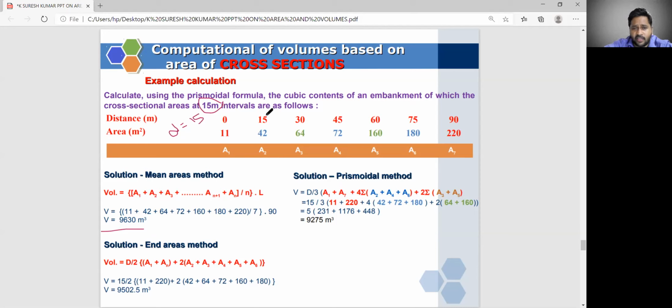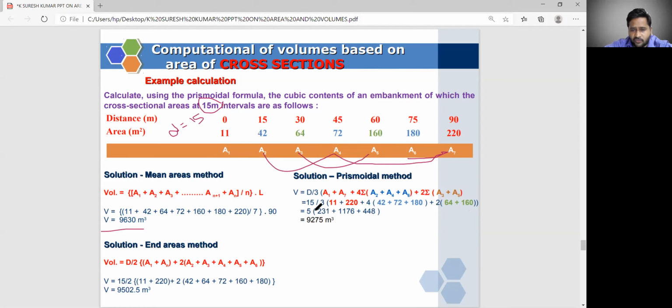The even ones are A2 is 42, A4 is 72 and A6 is 180, and the odd ones A3 is 64 and A5 is 160.